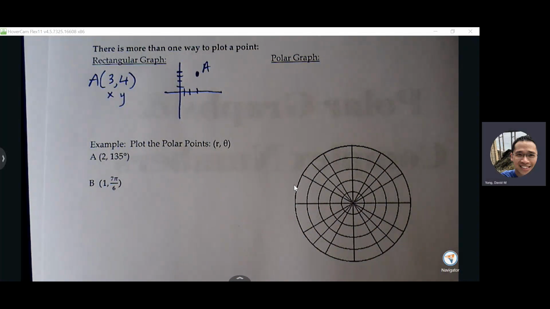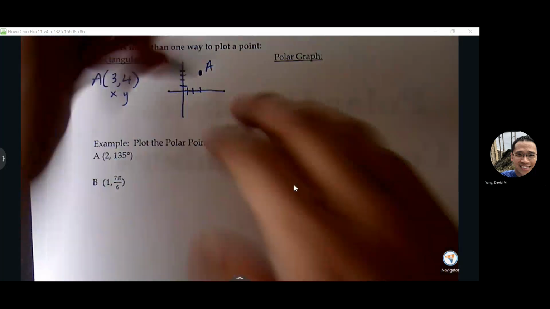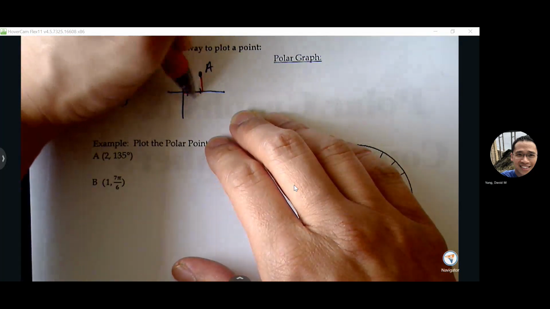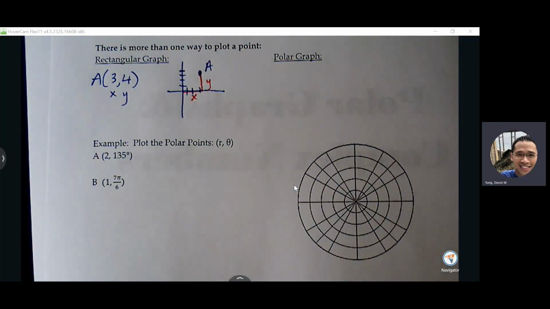However, let me mark that X and Y. We could also reach that same point if we know the theta, the angle measure, and the hypotenuse.